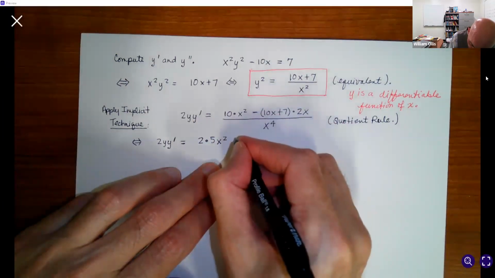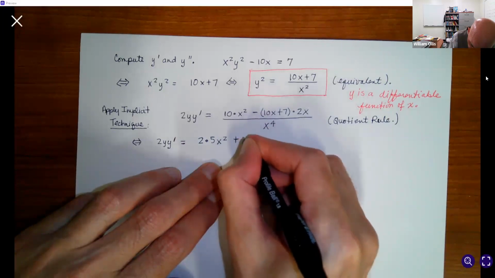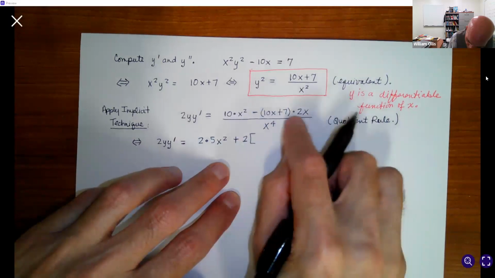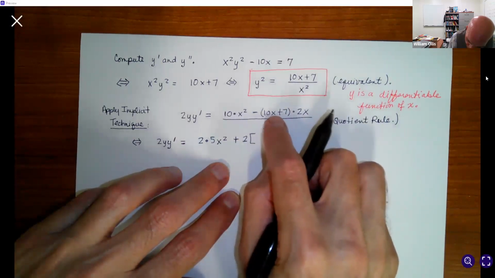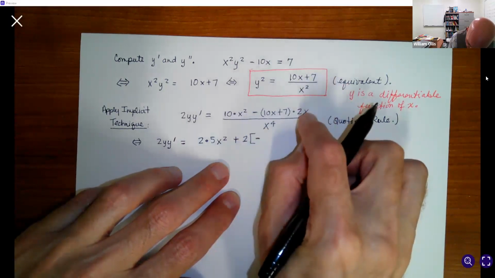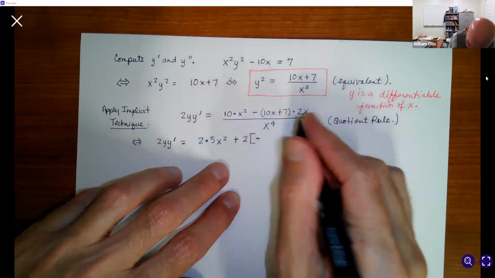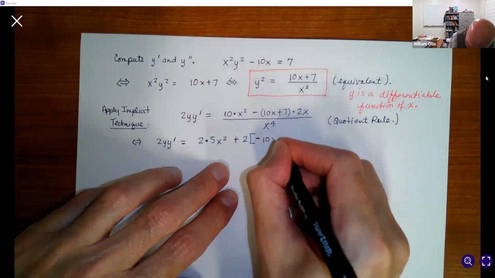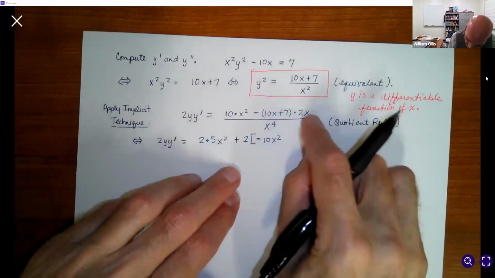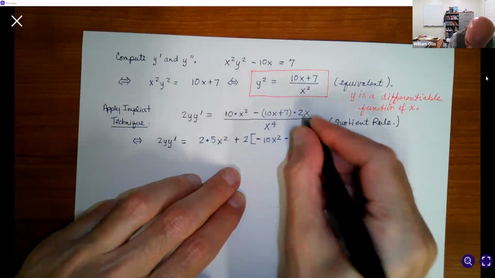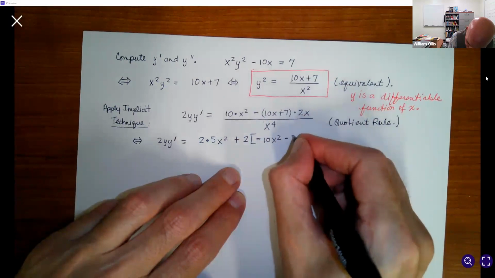So we'll have plus 2. And then we'll multiply through here. That'll give us what? A negative 10x squared. So the x and the 10 with the negative and the other x. So 10x squared. And then, of course, the 2x, so that's minus, well, actually just the x, so that's minus the 7x.